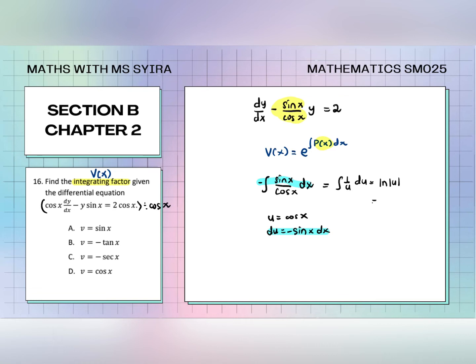So, u kita apa? u kita adalah cos of x. So, ini boleh terus gantikan. e, jawapan dia apa? Integrate P of x dx. So, e of ln of cos x. e ln kan boleh hilang. So, tinggallah cos x sahaja. So, the answer should be D. Okay, so V of x kita adalah D, cos of x.